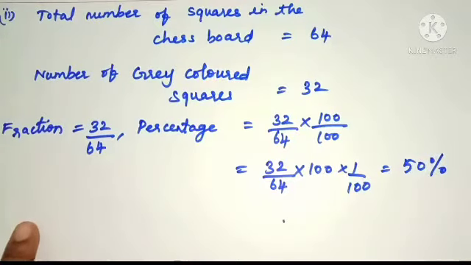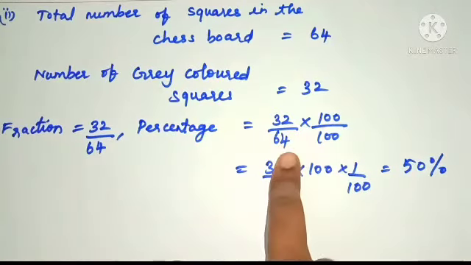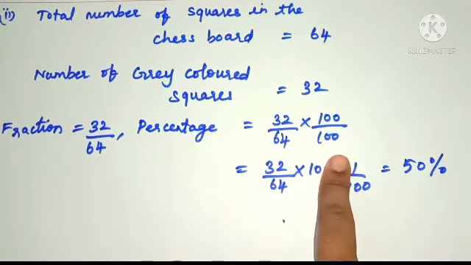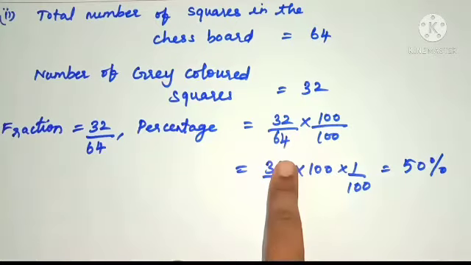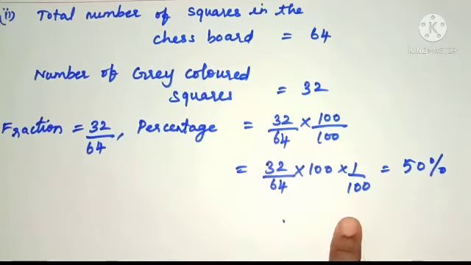Then write down the fraction, 32 by 64. The percentage of grey colored squares is 32 by 64 into 100 by 100, as in the previous problem. So 32 by 64 into 100 and 1 by 100 is percentage, 1%.